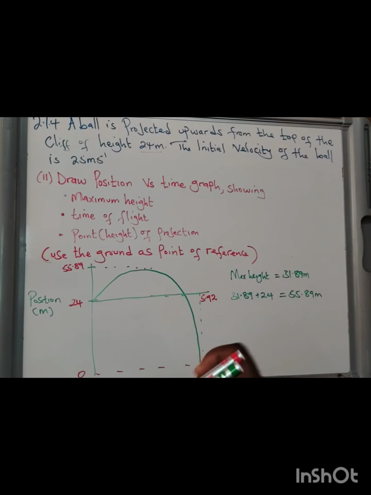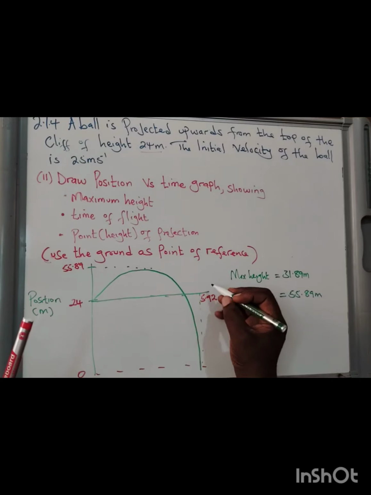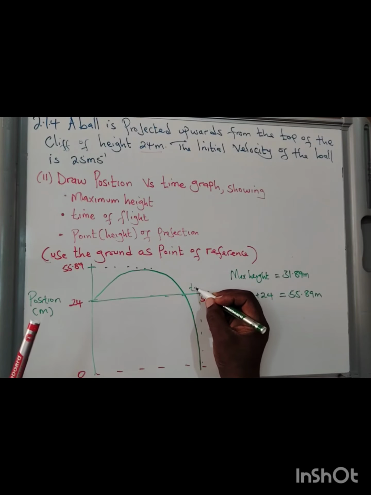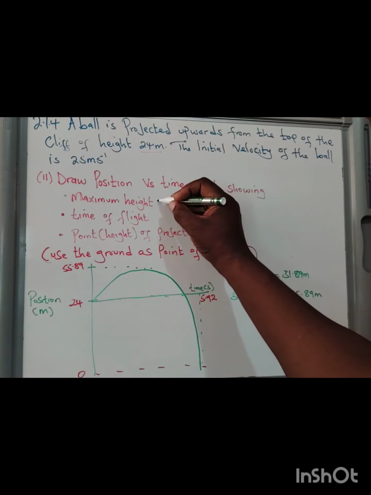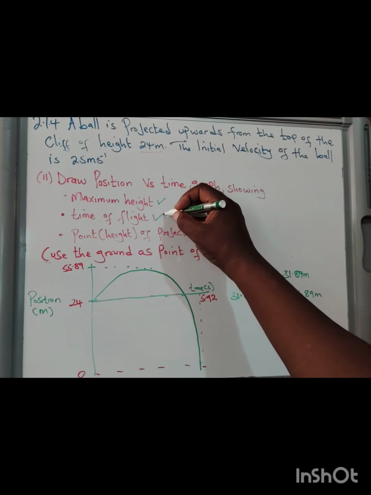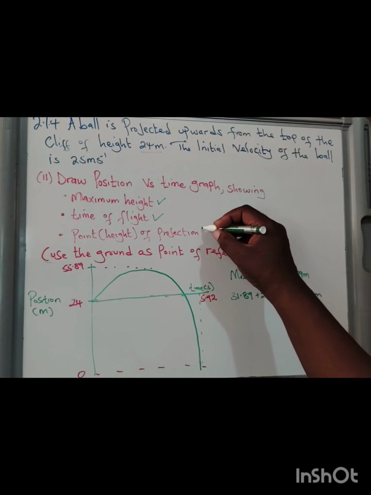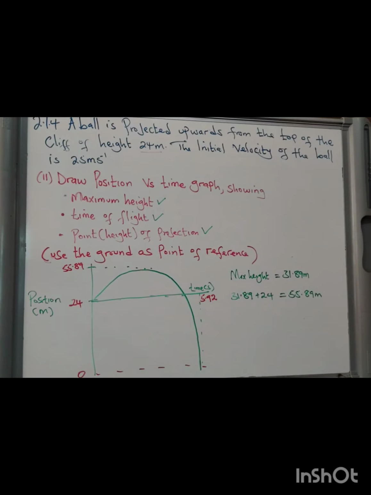We must not forget that what is on this axis is time in seconds. So here we are. If you check, we have already represented our maximum height, the time of flight, and the point of projection. So that is all we are supposed to represent on this graph.